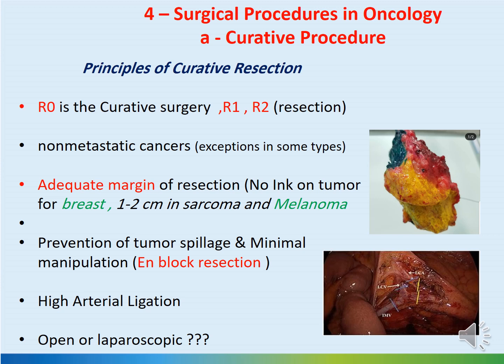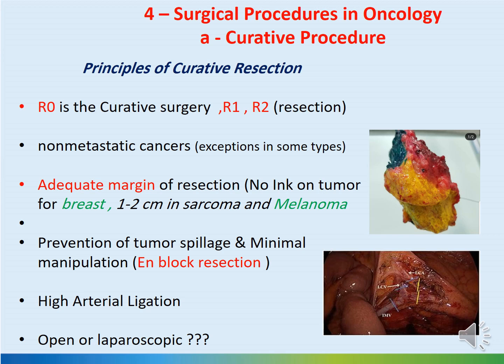When we do curative surgery, as mentioned before, we have to make sure that we don't leave any part of the tumor. When we say R0 resection, this is the curative surgery. That means we didn't leave any residual mass or cancer, macroscopically or microscopically.